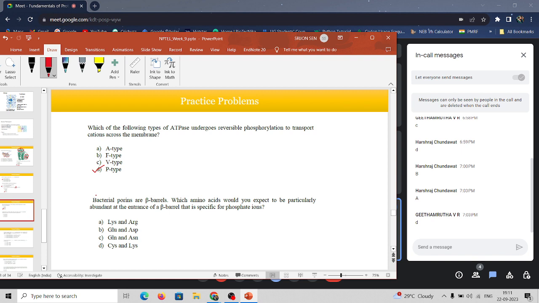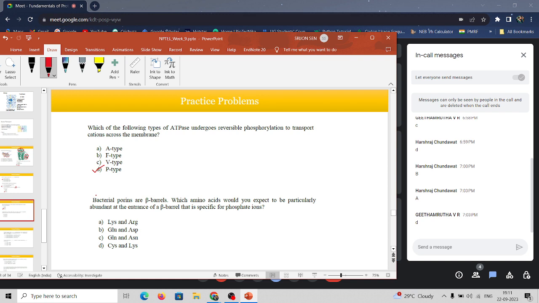Your phosphatidyls are negatively charged, so what kind of amino acids do you expect at the entrance of a beta barrel? Lysine and arginine.